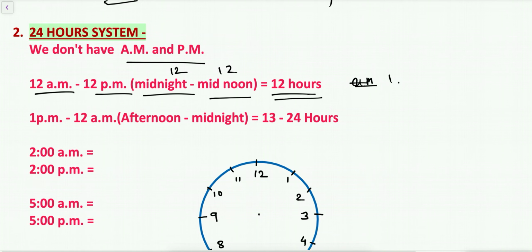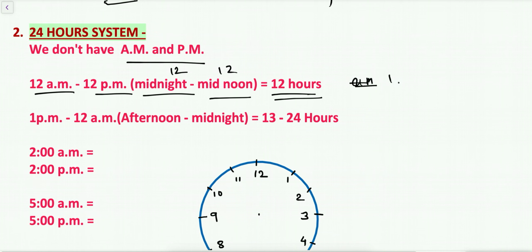So how much will be 10 hours? 1 hour equals 60 minutes, so 10 hours will be 10 multiplied by 60 minutes. So it is 600 minutes. So 10 hours is equal to 600 minutes. This is the conversion of hours into minutes.